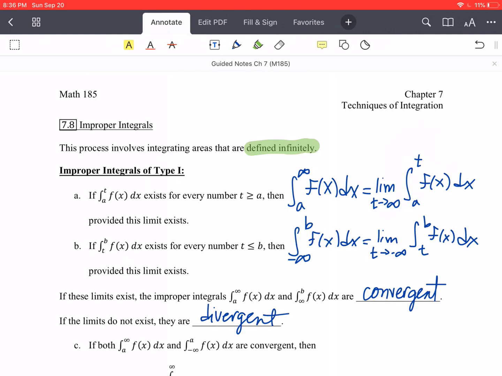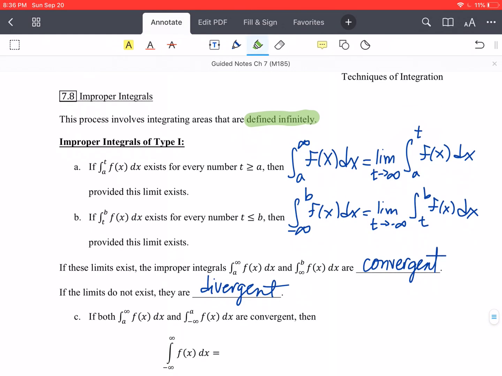This topic will come up again, but basically, when we say the integrals are convergent, it just means that even though the area keeps going on forever, the amount that it's adding is so small that it actually approaches a specific number. Okay, so the area actually ends up being 5, because we're getting closer and closer to 5 as we grow infinitely large. However, if it keeps growing infinitely large, and there is no one value the area approaches, we say that it's divergent, because the value diverges.